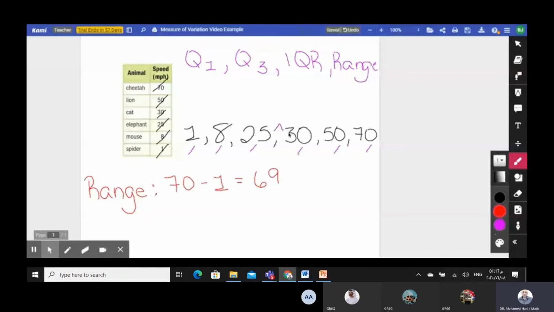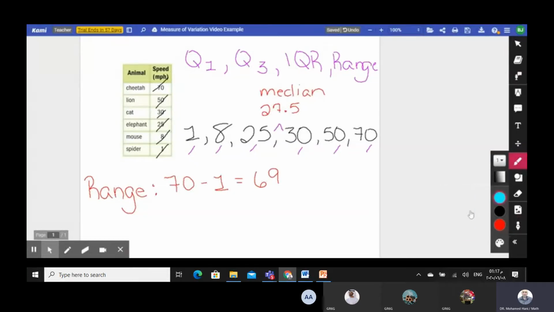In this case, the 2 numbers in the middle are 25 and 30. So I'm going to do 25 plus 30, which gives me 55, and divide it by 2. Perfect. So my median is actually going to be 27.5. That's my median.